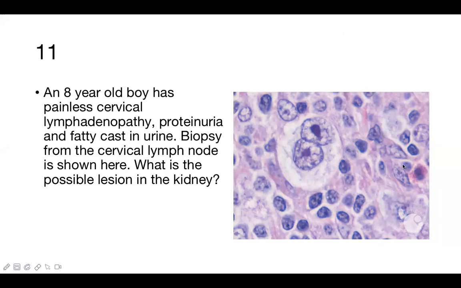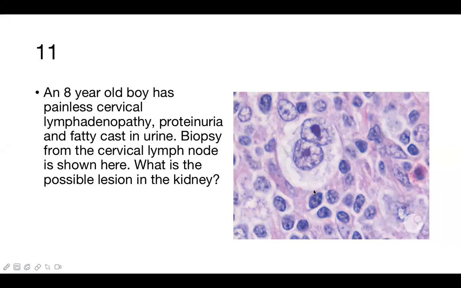So let's restart. We are talking about this case where an 8-year-old boy has painless cervical lymphadenopathy, proteinuria, and fatty casts in the urine. Biopsy from the cervical lymph node is shown here. The typical Reed-Sternberg cell is shown in the histopathology. What is the possible lesion in the kidney? First, you need to diagnose this case.